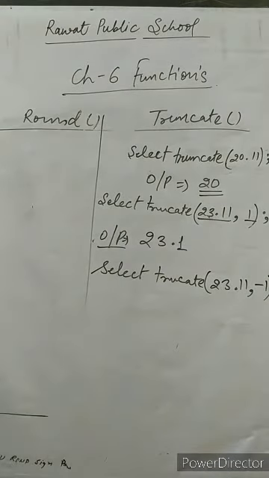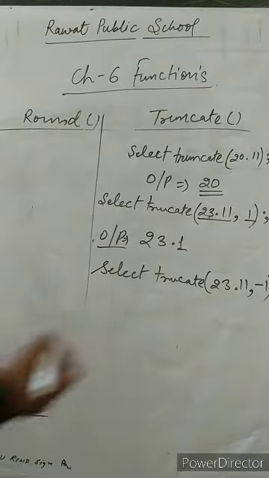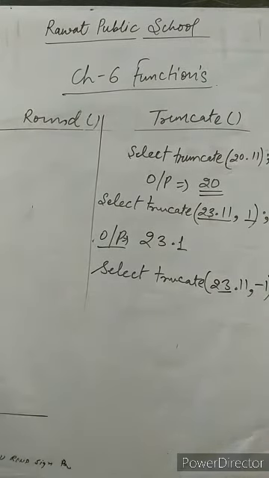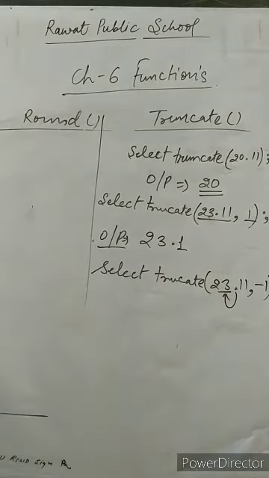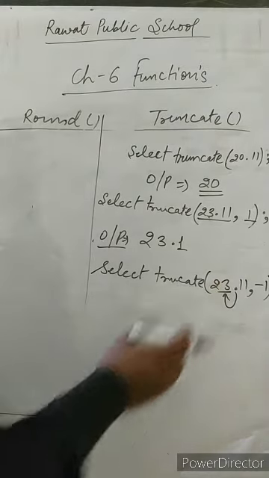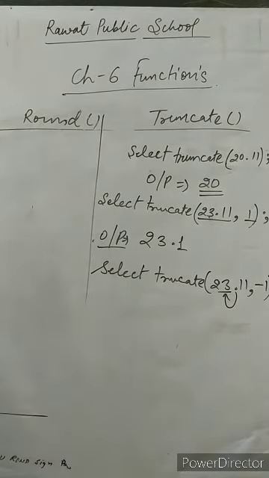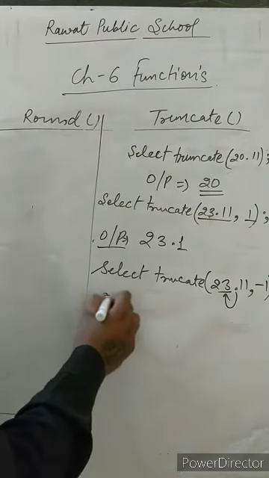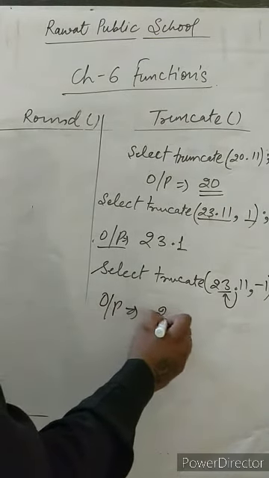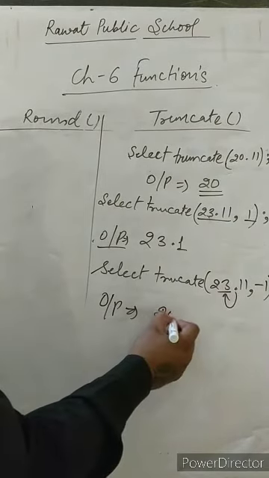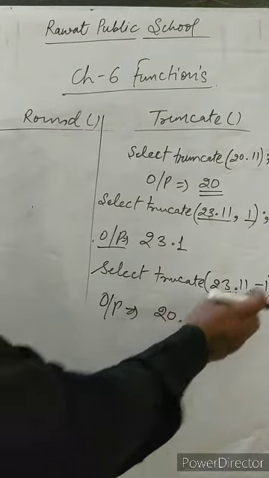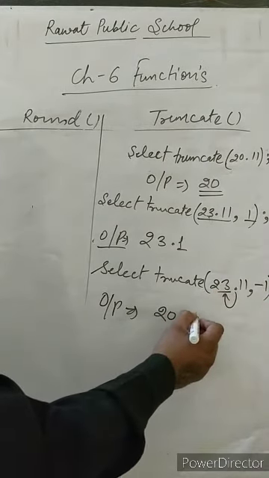Student, -1, what does it mean? -1 means the left side, means the integral part. तो -1 means ये वाली पोजीशन, तो इस वाली पोजीशन पे ट्रंकेट करो बच्चों। तो जैसे ही ये वाली पोजीशन ट्रंकेट होती है तो ट्रंकेट पे कोई रूल नहीं है, ये तो डायरेक्टली उसको रिमूव कर देता है। सो व्हाट विल बी द आउटपुट, 2 तो विल रिमेन सेम हियर, 3 हो जाएगा 0, देन पॉइंट, रेस्ट ऑफ द ऑल डिजिट विल बी 0.